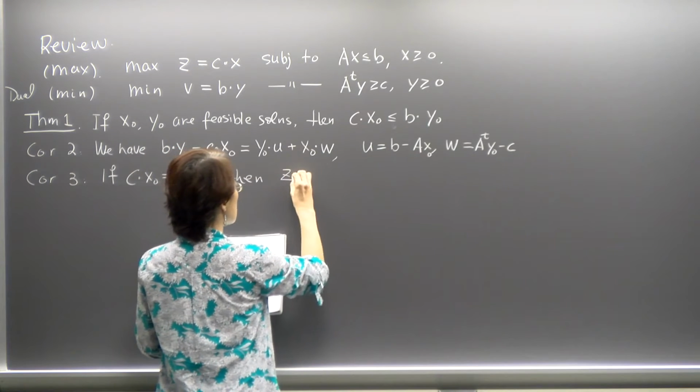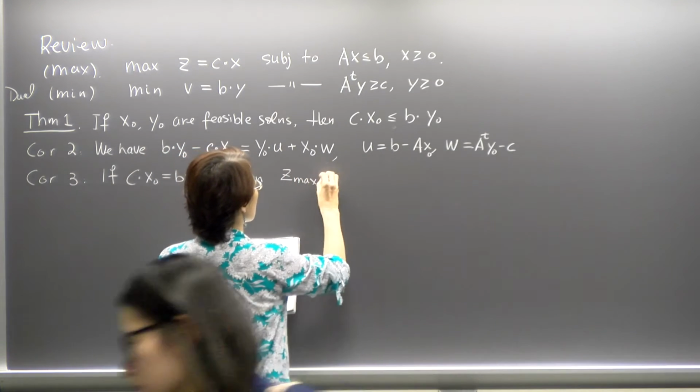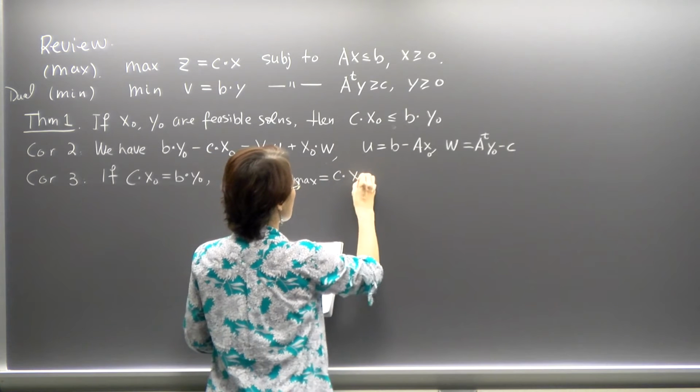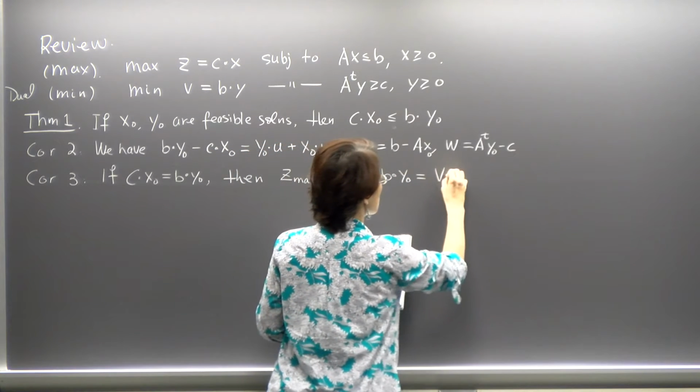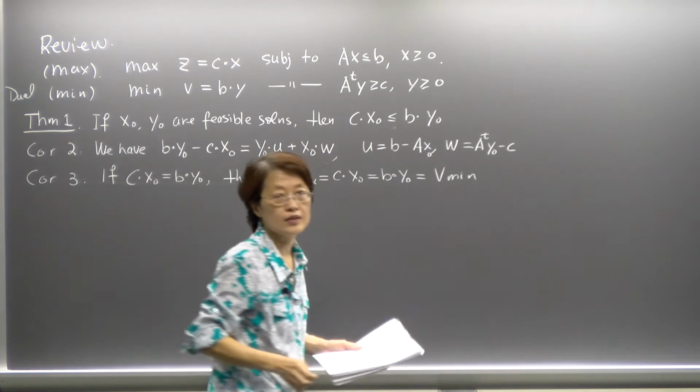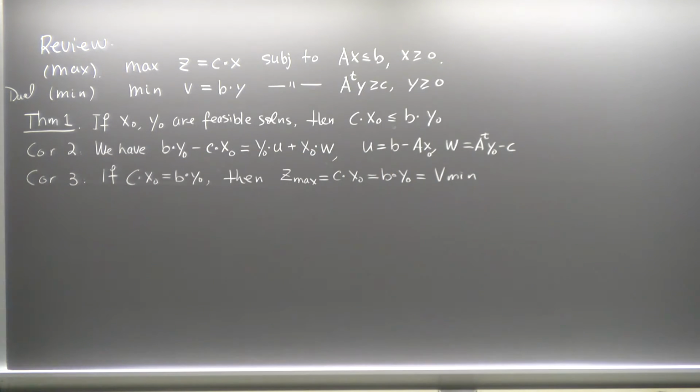So z max will equal just that number, and is the v min. Do we remember the proof? It was 3 lines, right? Just arguing, and that's it. It has to be, okay?